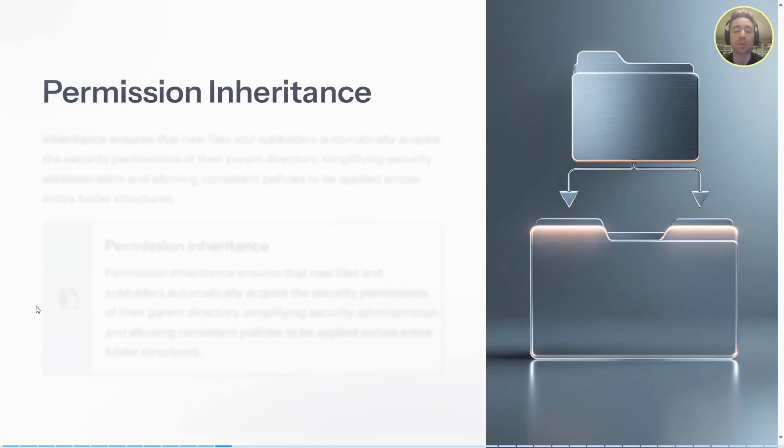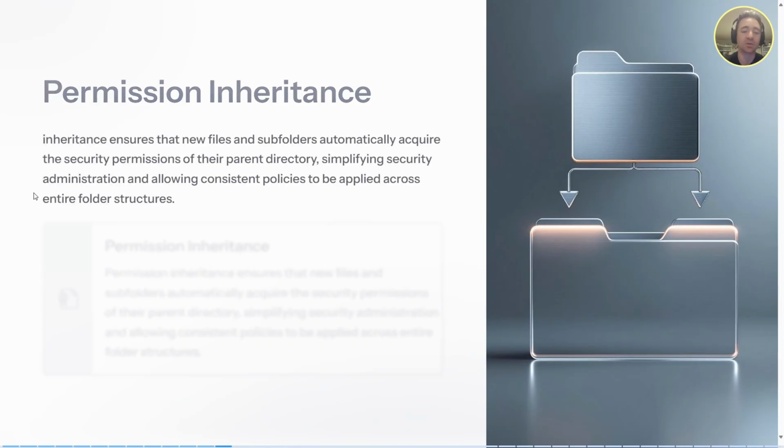But first, we need to know about permission inheritance. Basically, if I have a folder, and within this folder I create another folder, this folder I've created within the folder is going to be inheriting the same permissions as the folder it is in.